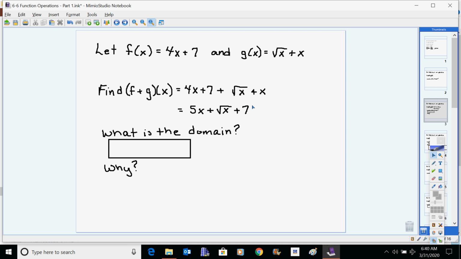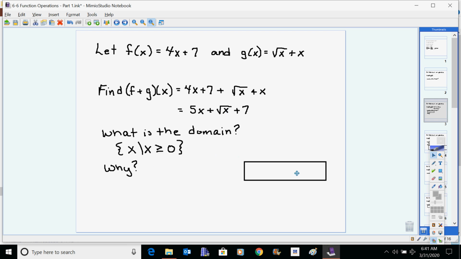So we look at these. This one makes it appear that, oh, x could be anything. But when we look at this, you have to realize that x has to be a positive number. So since x has to be a positive number, that means you can't have any negatives in the domain. 0 is the smallest number that you can have for x, and you can have all the numbers that go up from there.